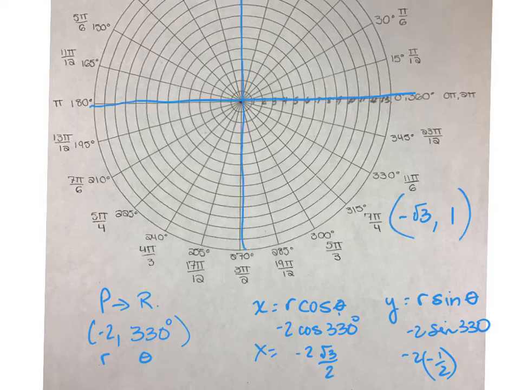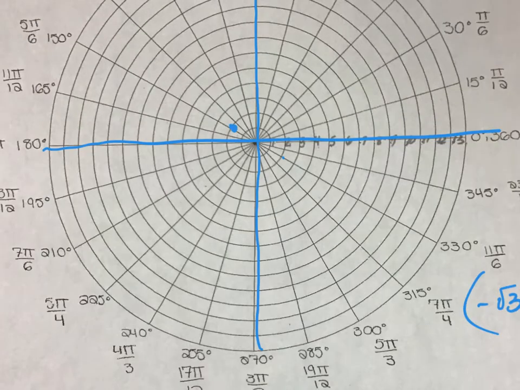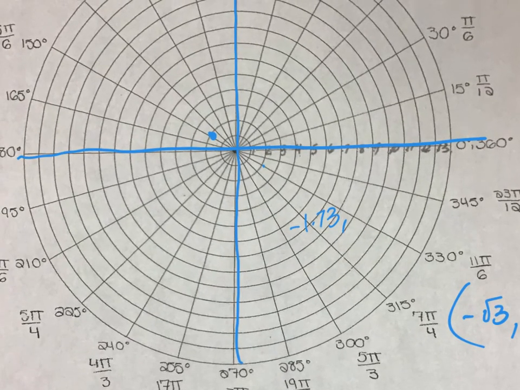Okay, so when we plot -2, 330, we go to 2, 330, which is right here, and we cross the bridge. Remember that? Because it's a -2. So it's up here. Well, if I have -√3, that's -1.73 and 1.